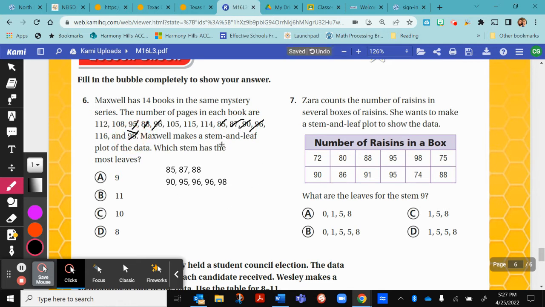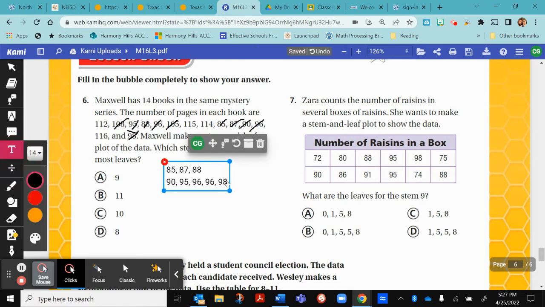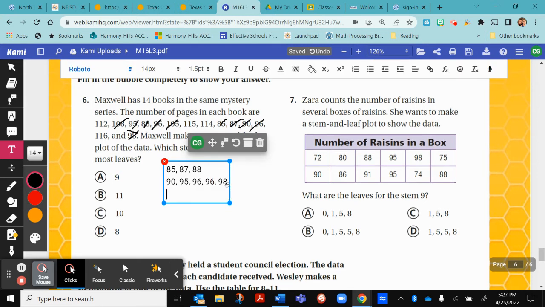So now let me go to the 10s. I have a 105 and a 108. So I'm going to cross those two out. A 105 and a 108. The next one is going to be the 11s.